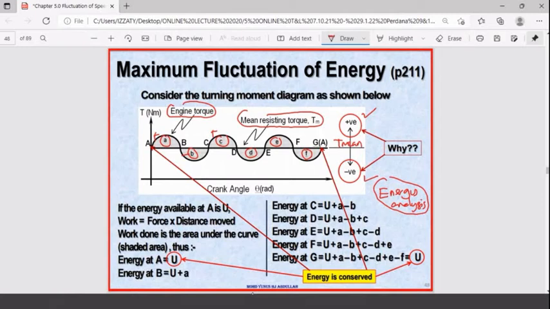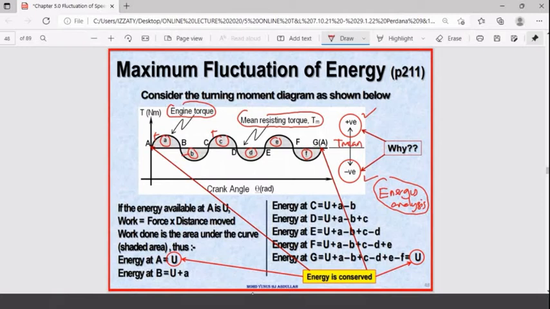For example, here, you know that the engine torque will be crossing the mean resistance torque, T mean. So you have point A, B, C, D, E, up to G here. Remember, conservation of energy tells us that input equals output.